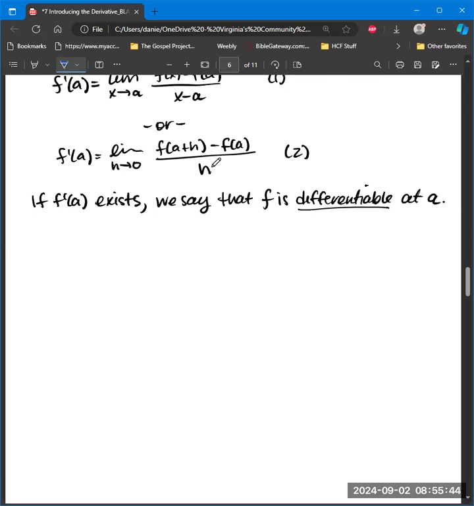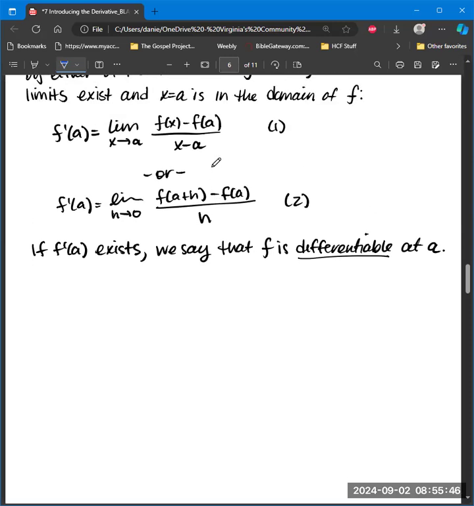So if f prime of a exists, we say that f is differentiable at a. So x equals a is a given value. That's really important. You have to be given x equals a to be able to use this.